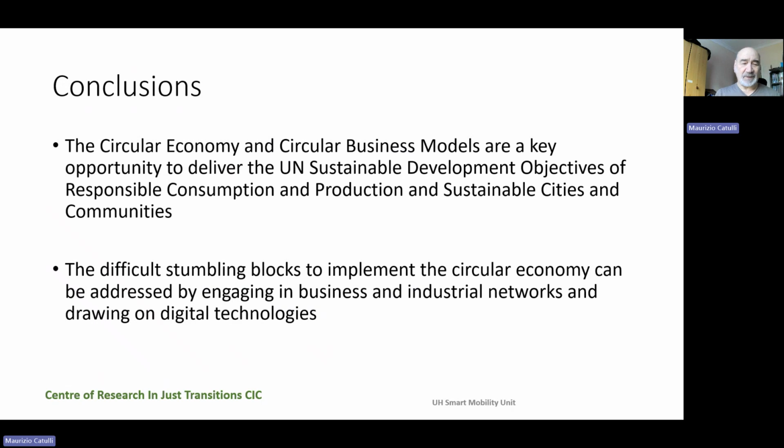In this particular session, I showed you what could be done in order to address the problems and the limitations. I explained that networks are a very important part of it, and you cannot have a circular business model without a network that supports it, with multiple companies.